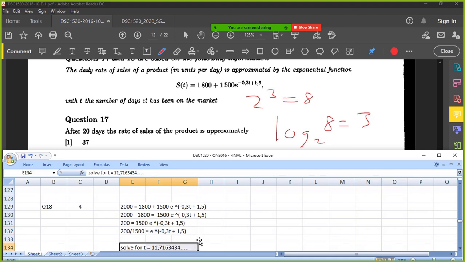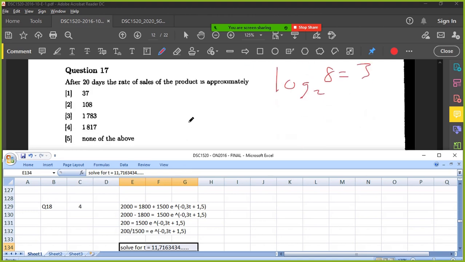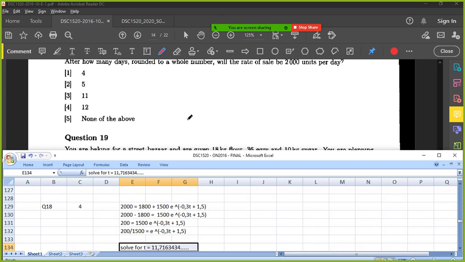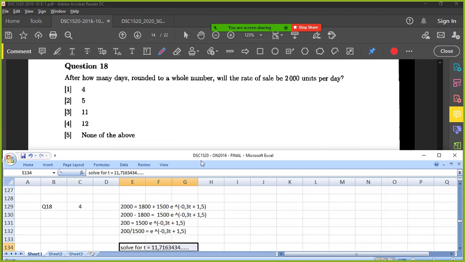Quick question. Could I not have just used all of the answers in question 17 and plug them into t and see where I get 2000? Clever. Okay, that's a good observation. So if you do that, you can do that quickly. You've typed it in already, but put a bracket there for the t, and then change the t every time.